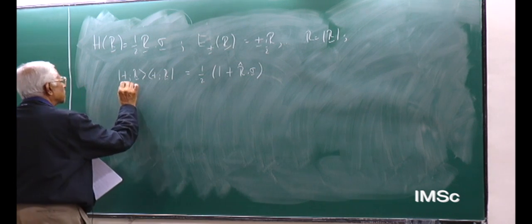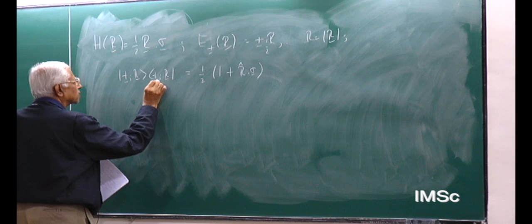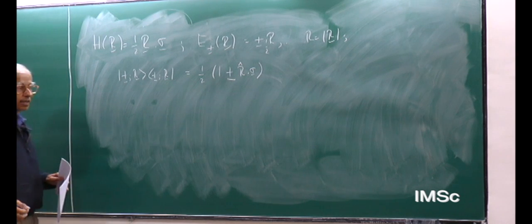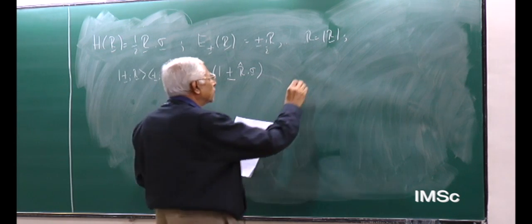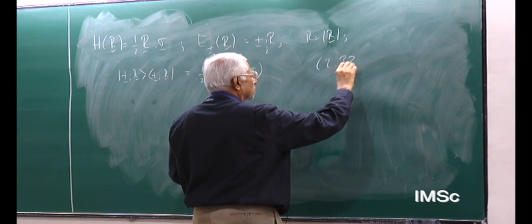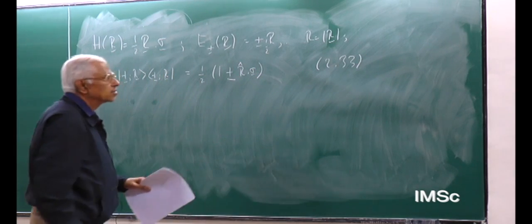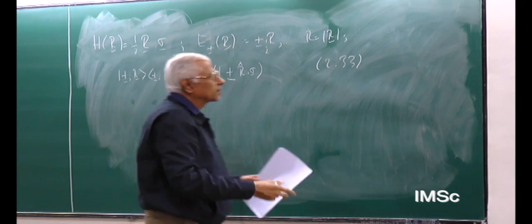And if you take the projection onto the lower eigenfunction, it is 1 minus that. Okay, these are all very elementary, and I want to leave it to you to convince yourself. These are 233. So take all these expressions, put it in here.